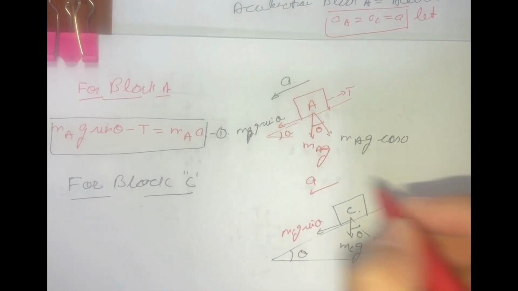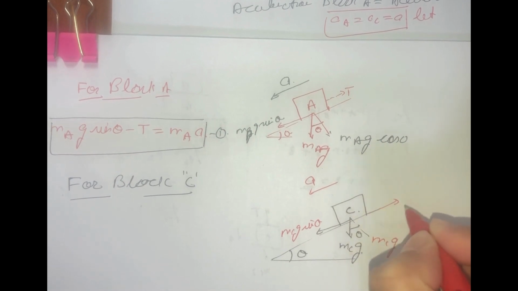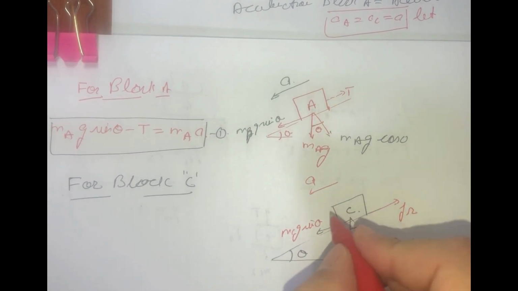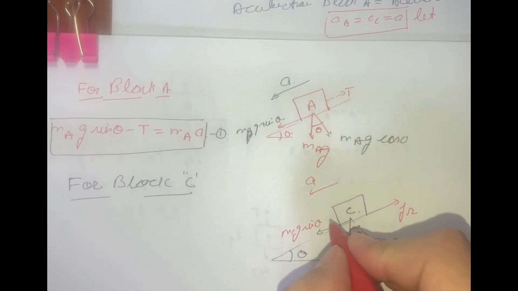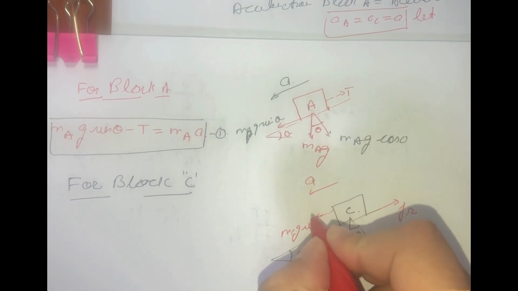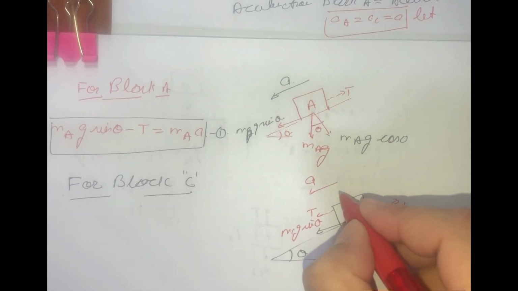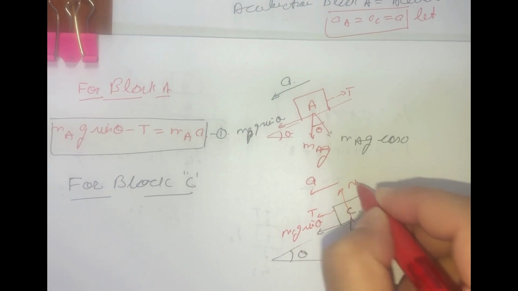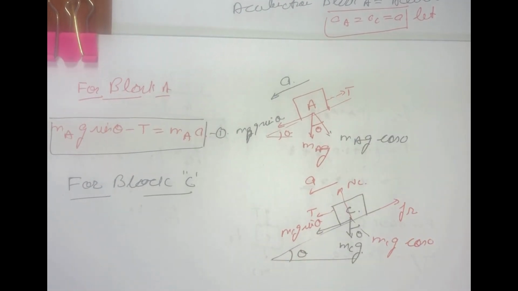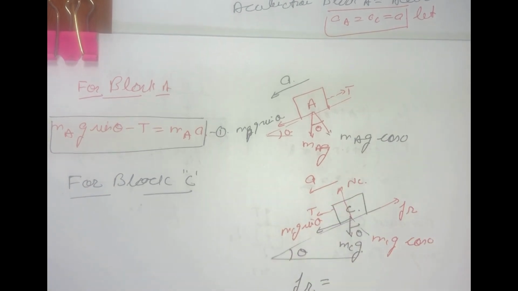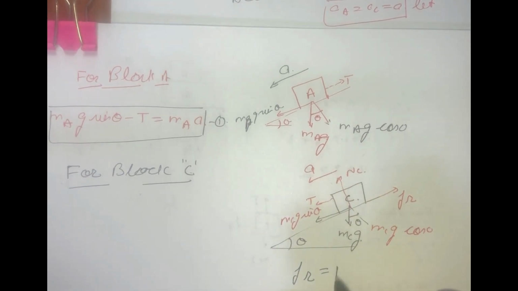with the acceleration A. So we are going to have a friction Fr, and there is tension T also in the downward direction, and let us suppose that normal is given as NC. So from here we can say that our Fr will be equal to mu into NC.